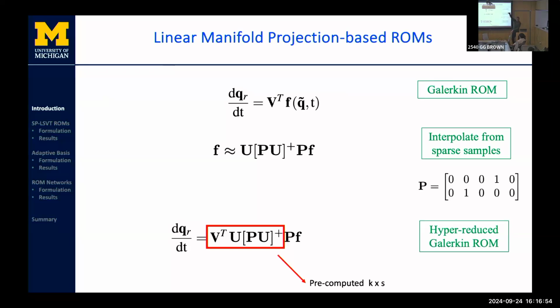If your N was 5 and your K was 2, if this was my P matrix, it basically says, grab me the fourth component of F and the second component of F, okay? And you can use linear interpolation to reconstruct this F. So the way to read this is, PF are just samples of F. You have this whole domain, you're just picking a few points where you're evaluating F, and then you're able to reconstruct the whole F.